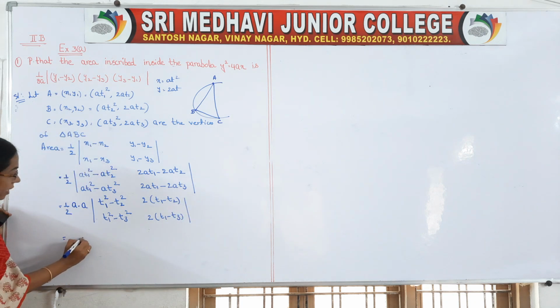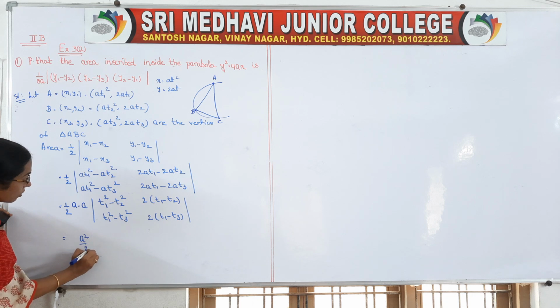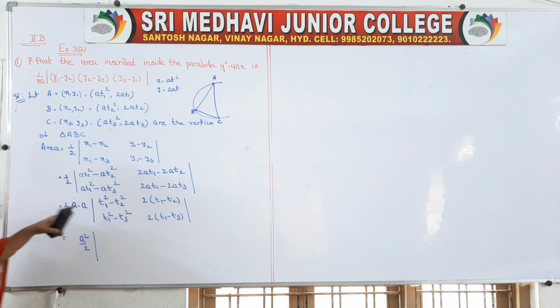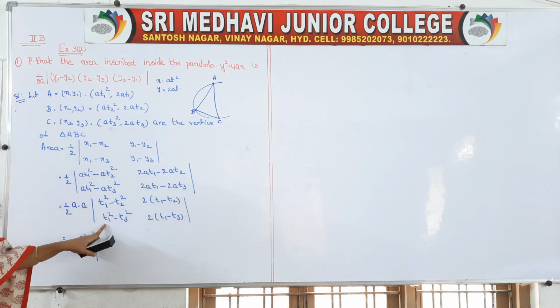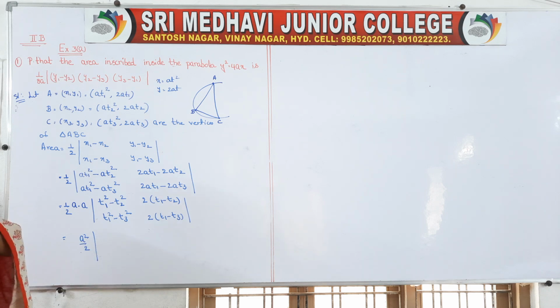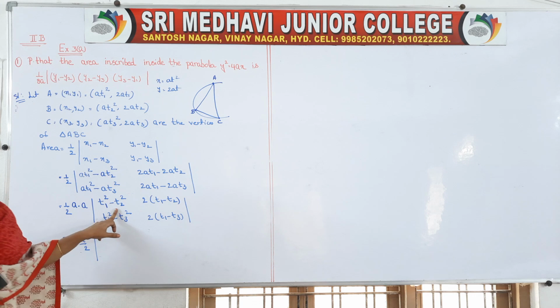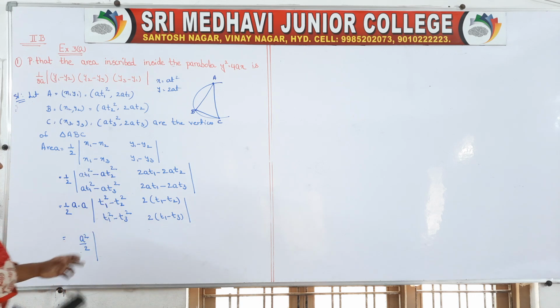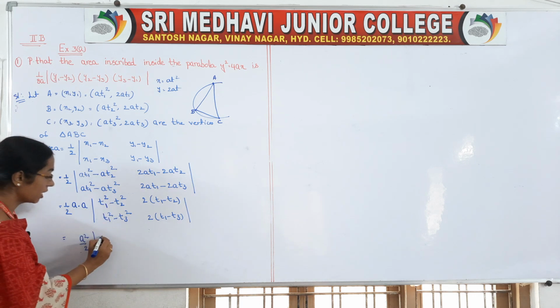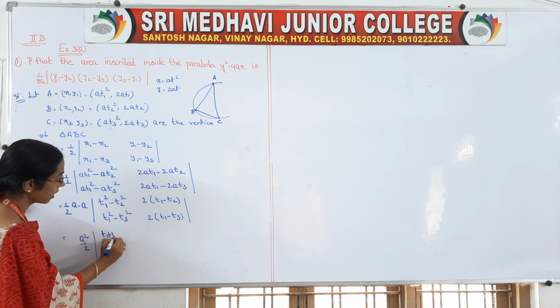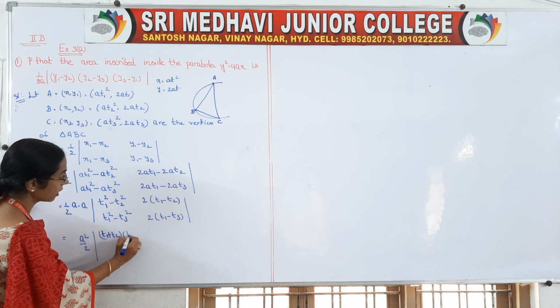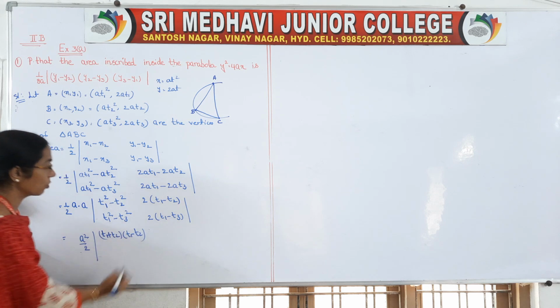Okay, so it is a square by 2 modulus of, this is a square minus b square form. This is also a square minus b square form. A square minus b square can be taken as a plus b into a minus b form. So a plus b into a minus b form means t1 plus t2 into t1 minus t2.